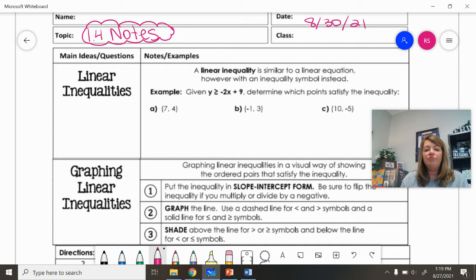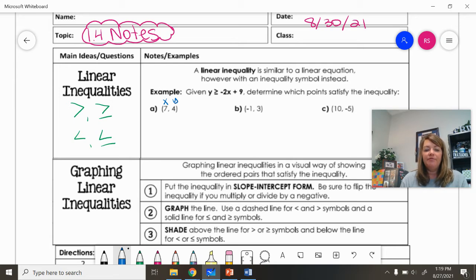So this inequality symbol, this greater than or equal to symbol, should not be something that's new at all. Greater than or equal to, less than or equal to, okay? So we're going to, first of all, determine which points satisfy the inequality. So we're going to try to decide, is 7 as x and 4 as y, does that make this a true statement or not? Well, we just need to plug it in and decide. Okay, oh yeah, I was going to put over here greater than or equal to, less than or equal to, right? These are our inequalities, okay? Nothing new there. Okay, let's check and see if x being 7 and y being 4 makes this a true statement or not.